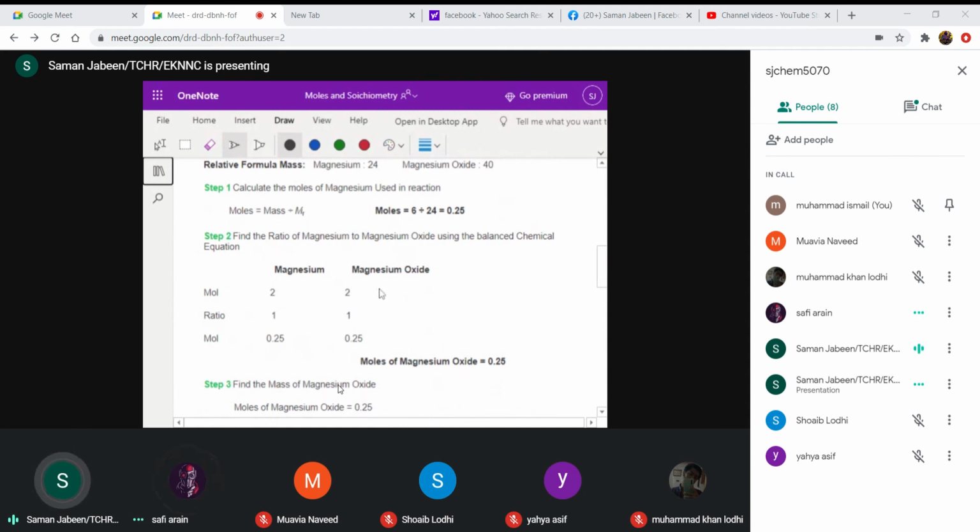Then we apply the molar ratio. Because the molar ratio is equal, so number of moles are also equal. Now you have number of moles. You apply this formula, moles is equal to mass upon MR. You calculate magnesium oxide MR, that is 40. And multiply it with the number of moles, you will get the mass, that is 10 gram.